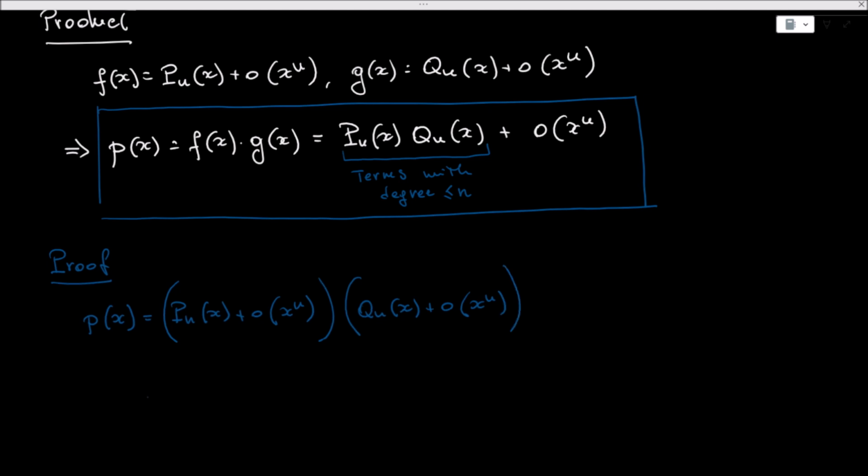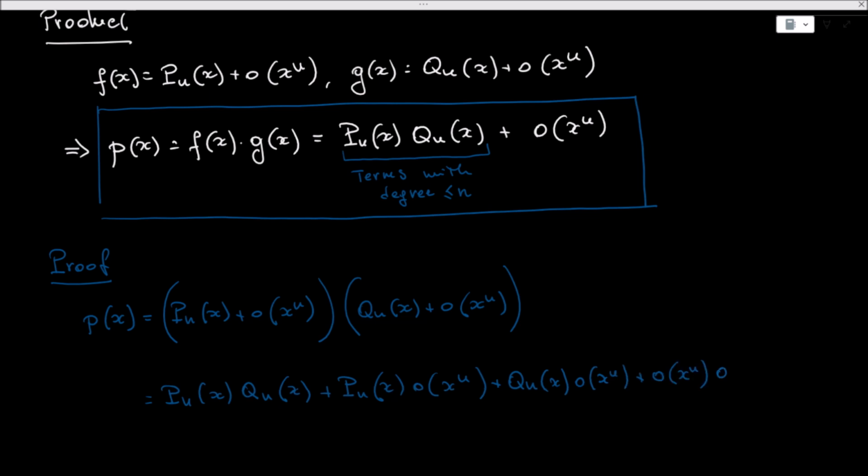Okay, and if we multiply, we get Pn of x times Qn of x plus Pn of x times little o of x to the n plus Qn of x times little o of x to the n plus little o of x to the n times little o of x to the n.